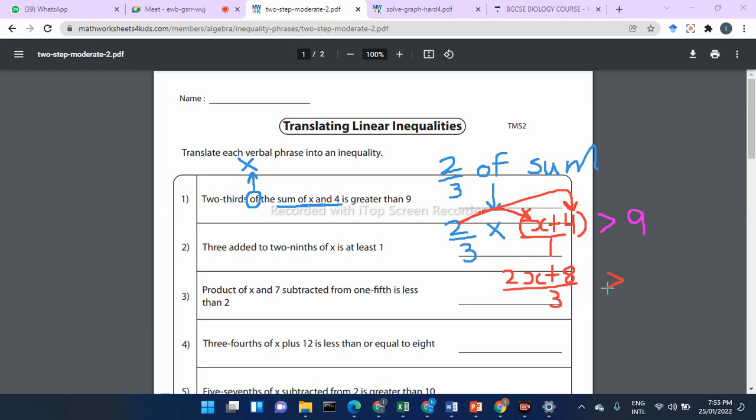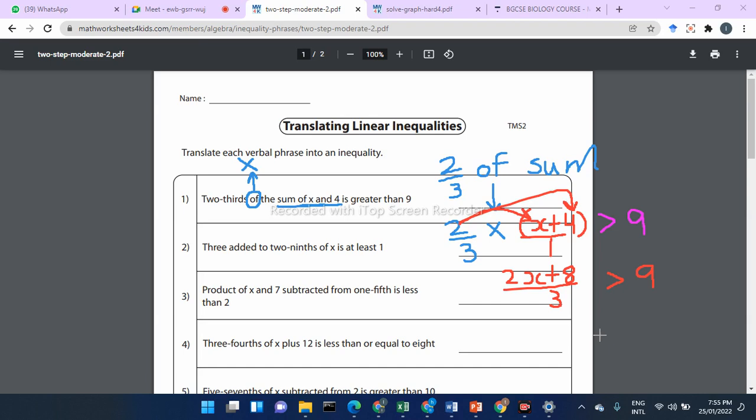It's going to be greater than 9. And so that's the inequality that we have. So 2/3 of this sum, x plus 4, is greater than 9. That's what they're trying to say.